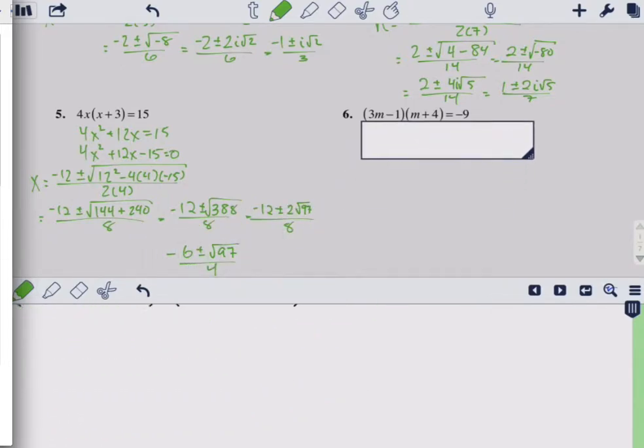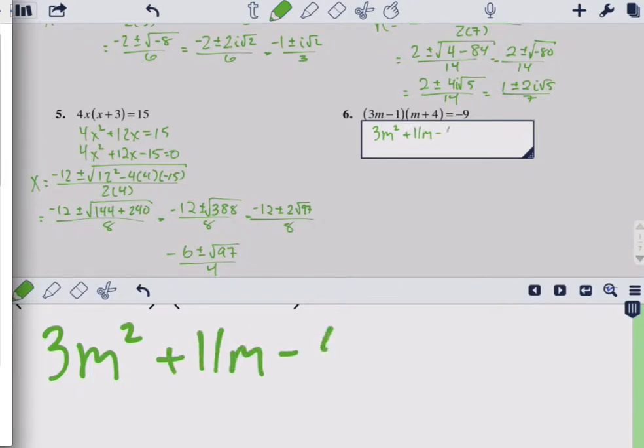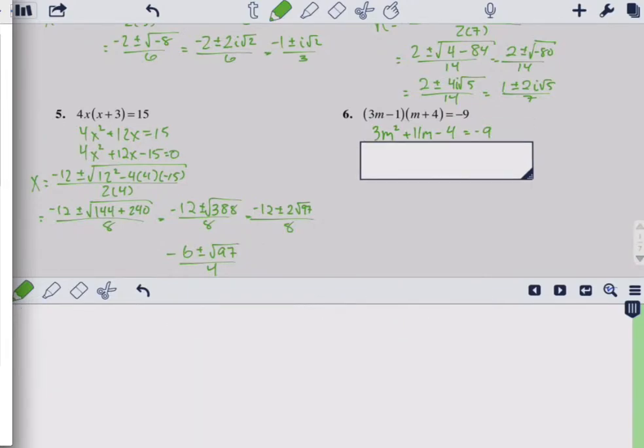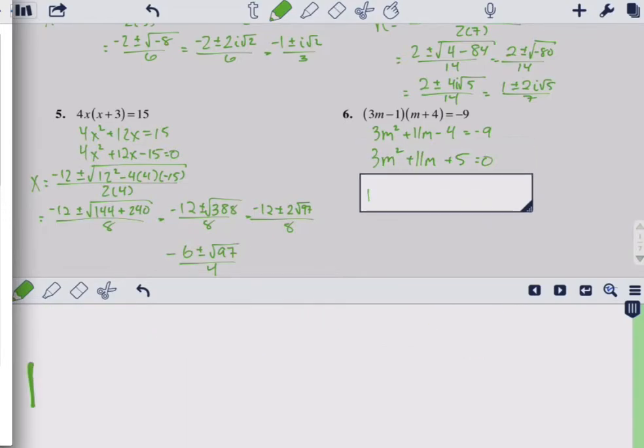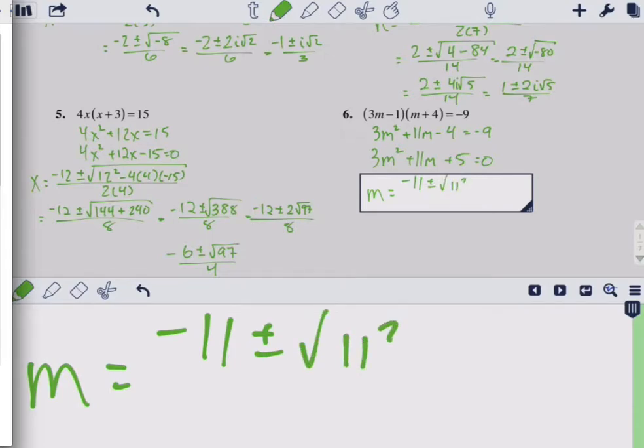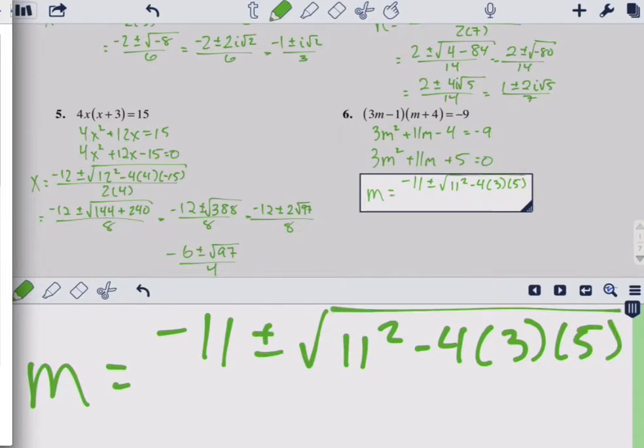Alright, and then we FOIL on 6. So we get 3m squared, and I get plus 11m minus 4 equals negative 9. So we get 3m squared plus 11m plus 5 is equal to 0. Quadratic formula: m is equal to negative b plus or minus the square root of b squared minus 4ac, all over 2a.